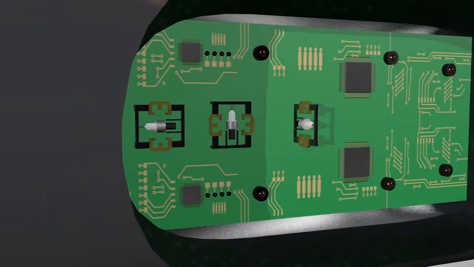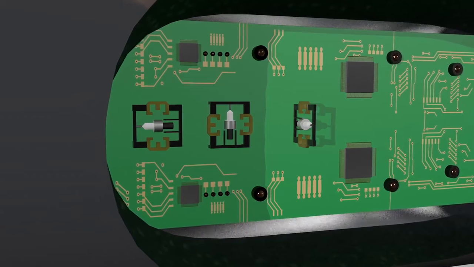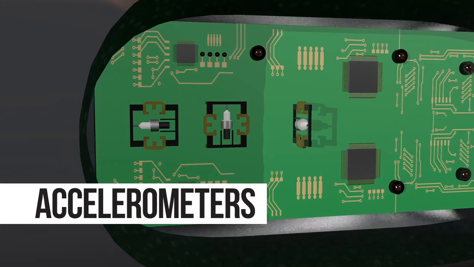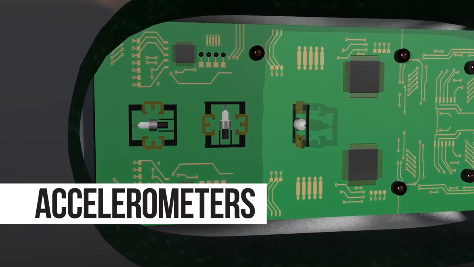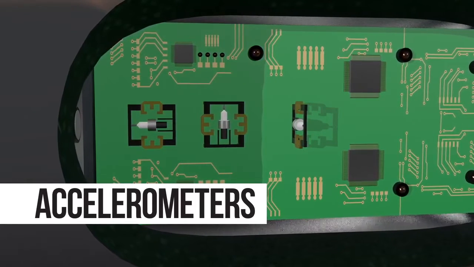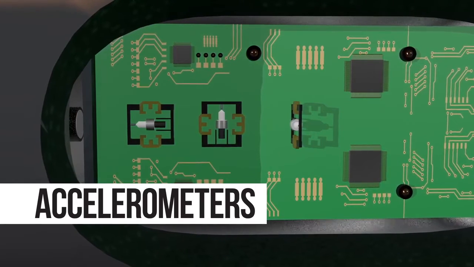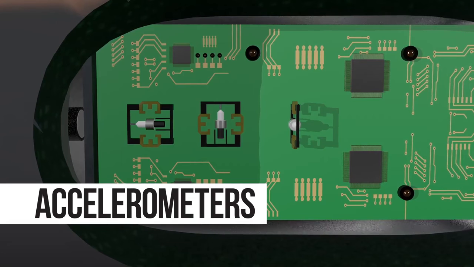In addition to the tool's magnetometers, there are also 3 similarly arranged accelerometer sensors. The accelerometers are used to measure the Earth's gravity field, informing us of our orientation relative to vertical or down.